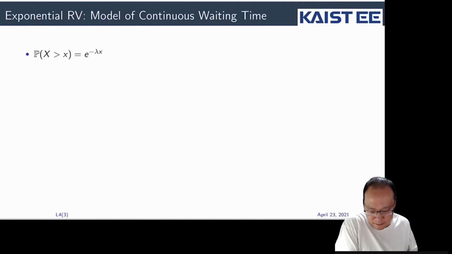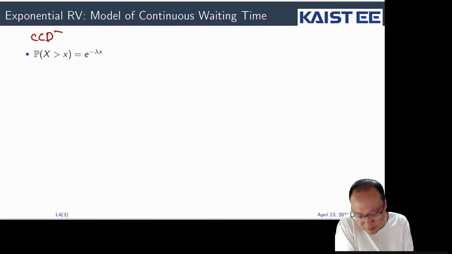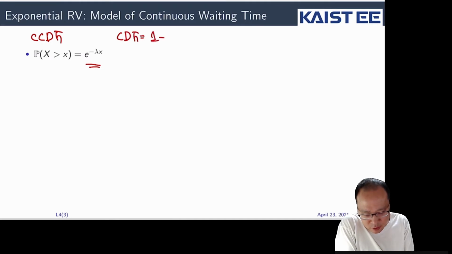Good. Going back to the CCDF, it has the following form because the CDF was 1 minus e to the minus lambda x.